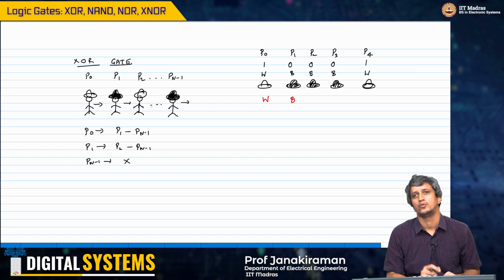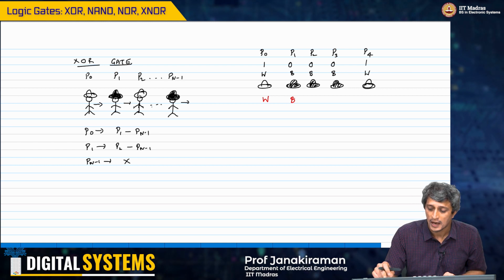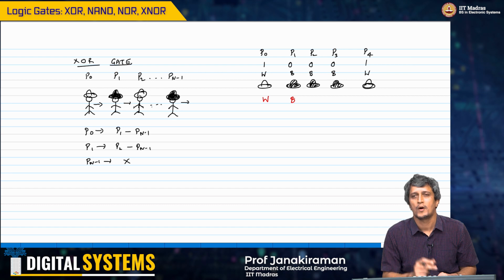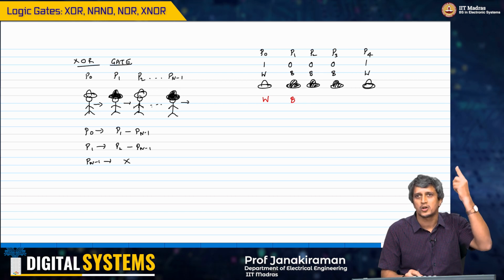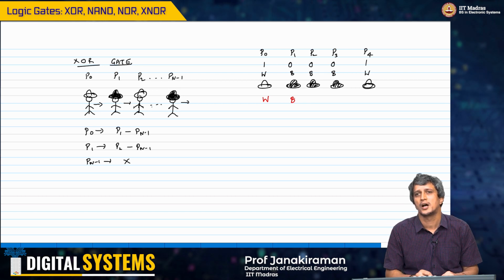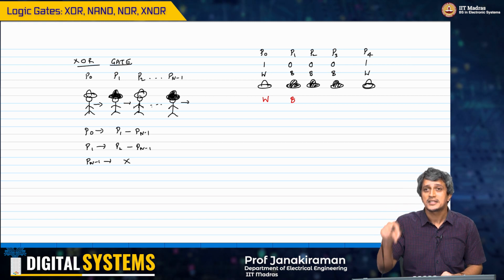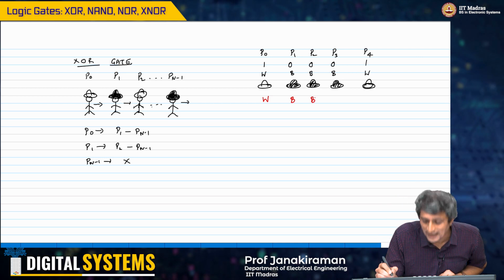Now you come to P2. Okay, P2 is able to see an odd number of hats, one white hat, right? P2 also knows that P1 has shouted the correct color of his or her hat, which is black. Therefore, now P2 knows that his hat also has to be black. He will shout black.